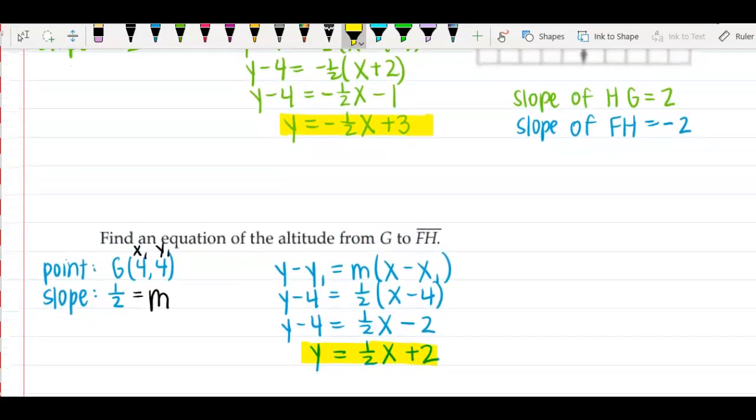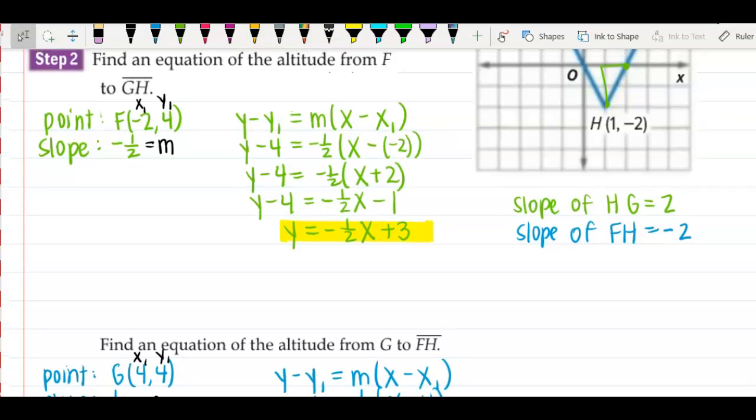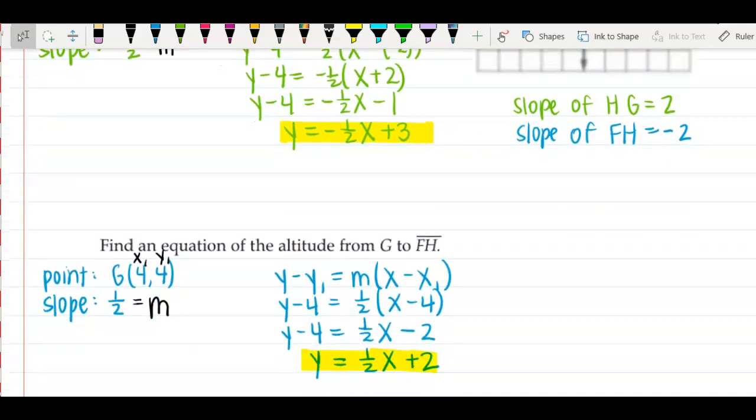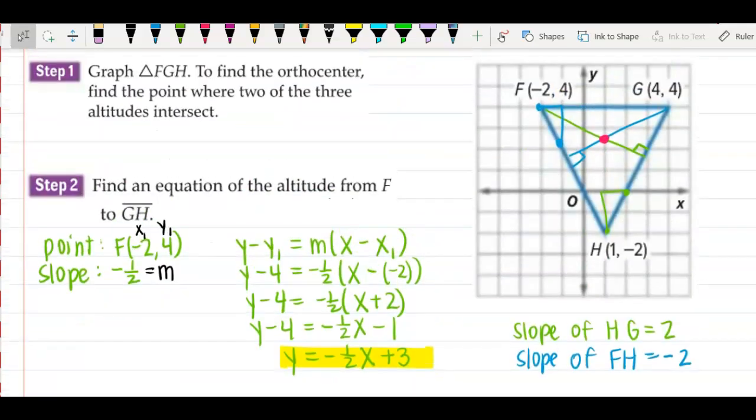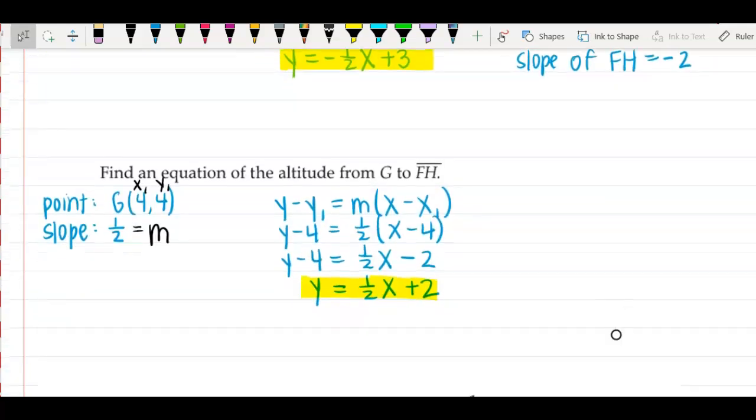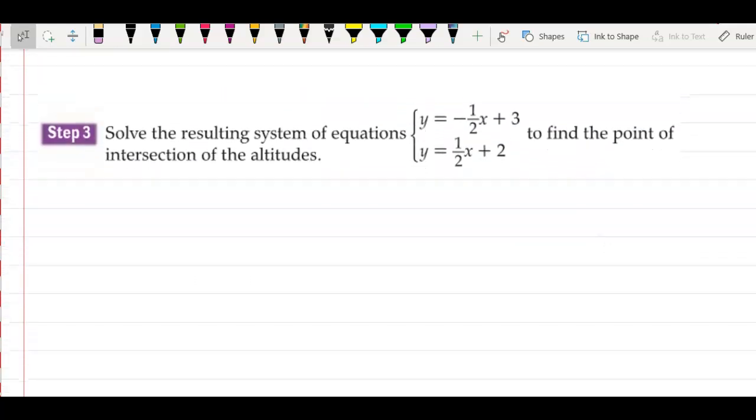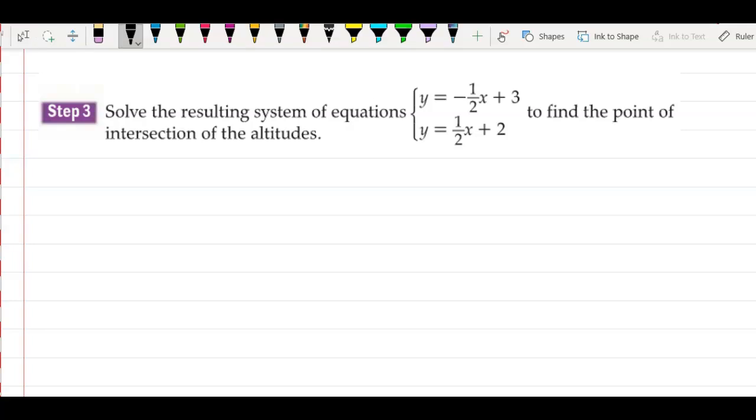So what I've done so far is create the two equations of the altitudes. The green one is in green that we drew, the blue one is in blue. From here I'm trying to find that intersection, so I'm basically going to solve this system of equations. These were my two equations, y equals -1/2 x plus 3, and y equals 1/2 x plus 2.